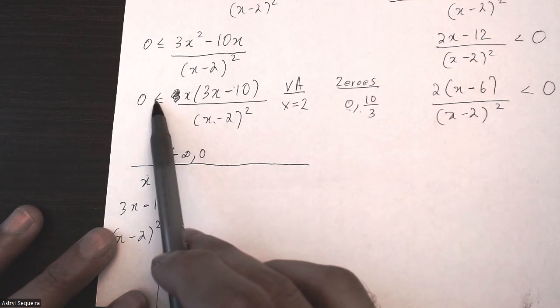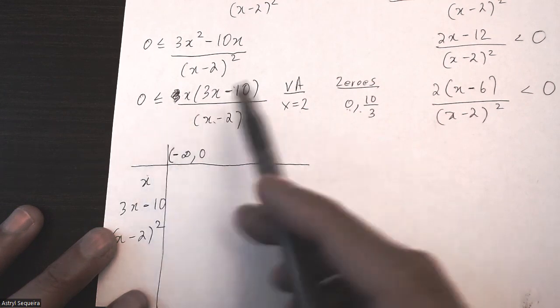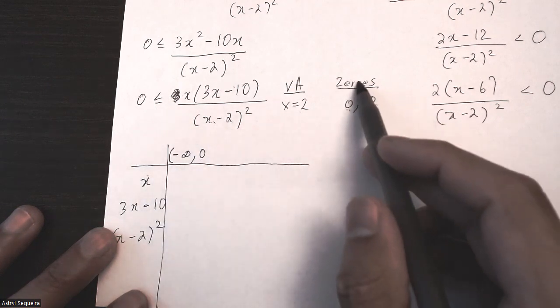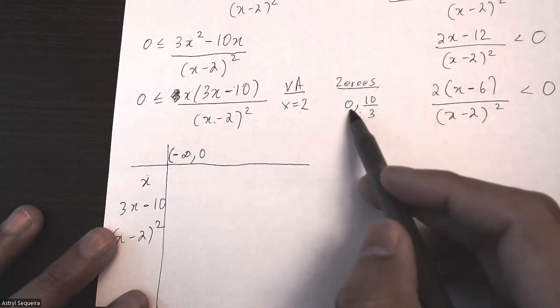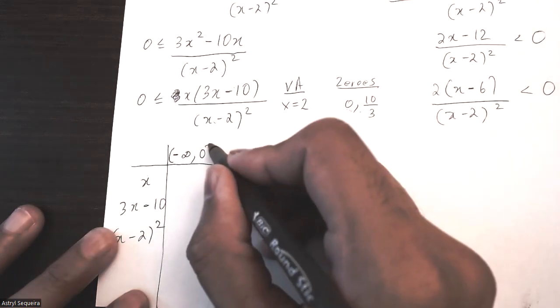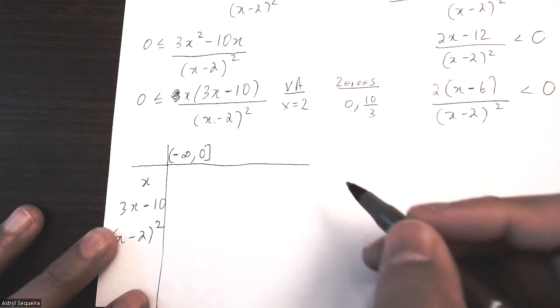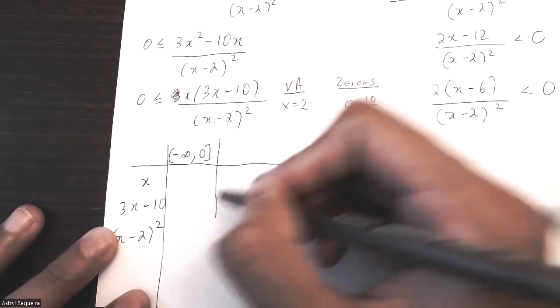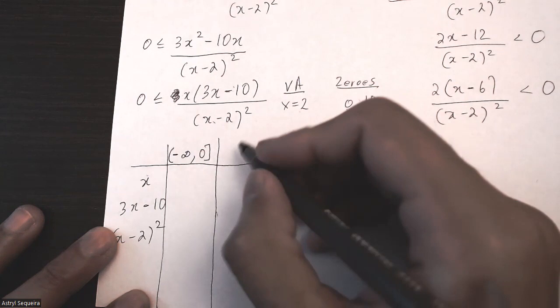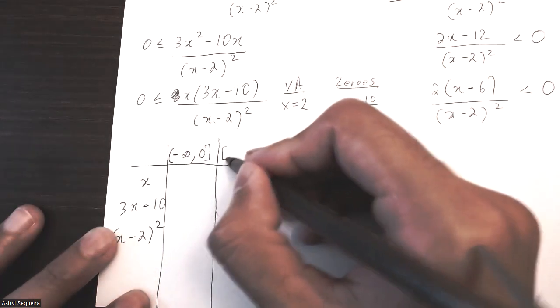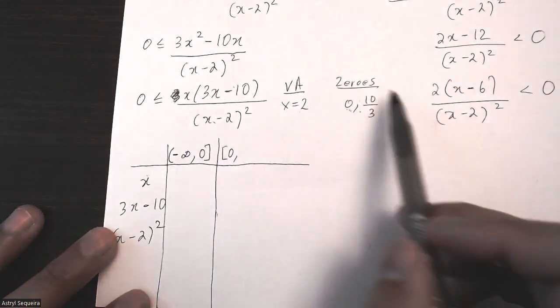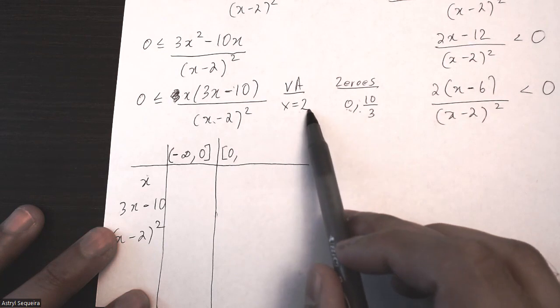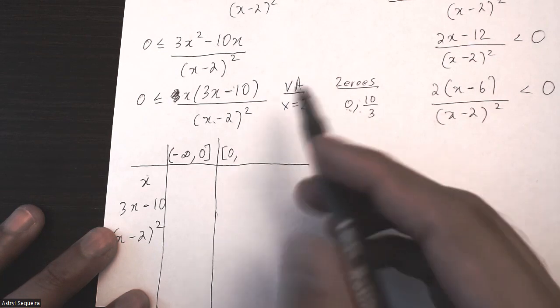Now we have a less than equal sign here, which means you need to use square brackets for the numbers that include for the zeros. This is a square bracket here, meaning it's all inclusive. Next, I'll go from this number 0 till my next smallest number here, which is 2. Now, 2 is a vertical asymptote.